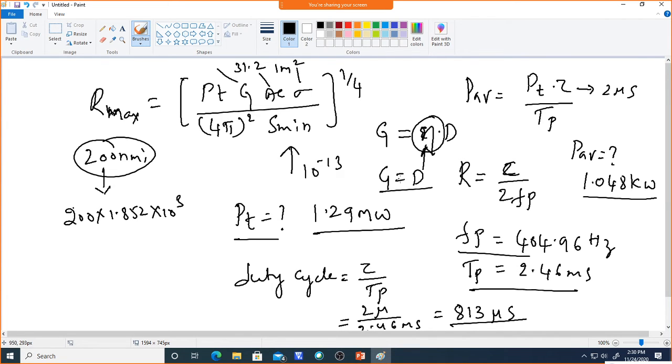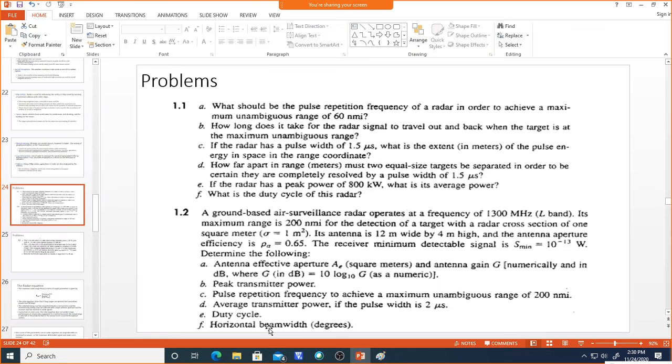Okay, so then you know the directivity equation in terms of half power beam widths, that is in the horizontal plane and vertical plane, phi into theta. So you know the half power beam widths in horizontal and vertical planes, or azimuthal and elevation planes. So now we need to find out the horizontal beam width.